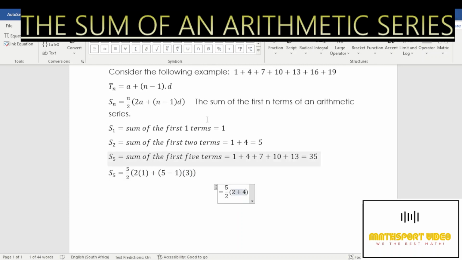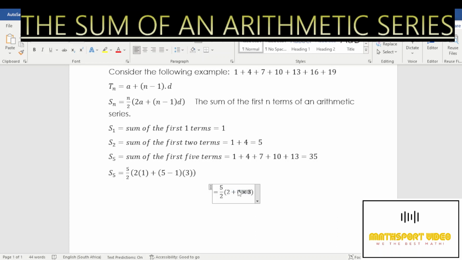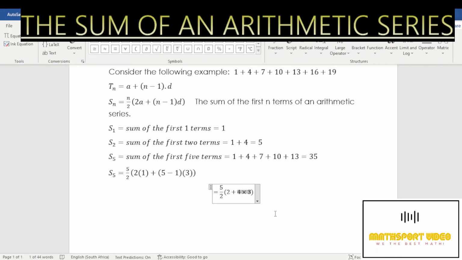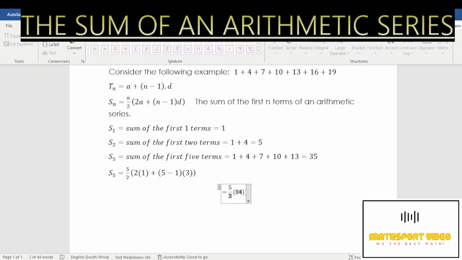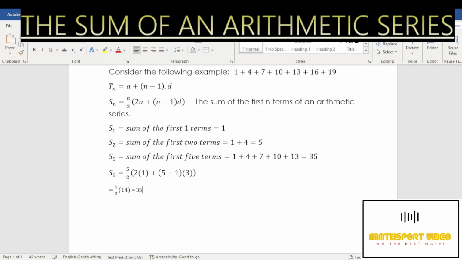So here I'm going to write 4 times 3. 4 times 3 is 12. Then 12 plus 2 is 14. Now 14 divided by 2 is 7, and then 7 times 5. This is definitely going to equal 35.